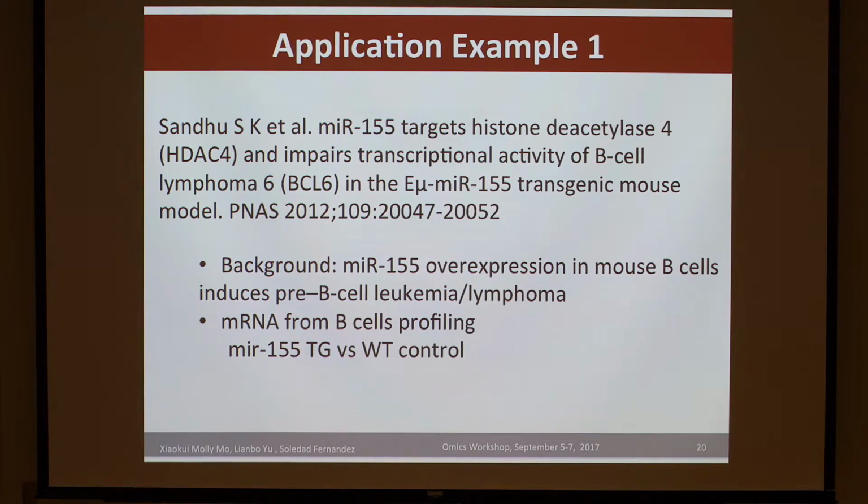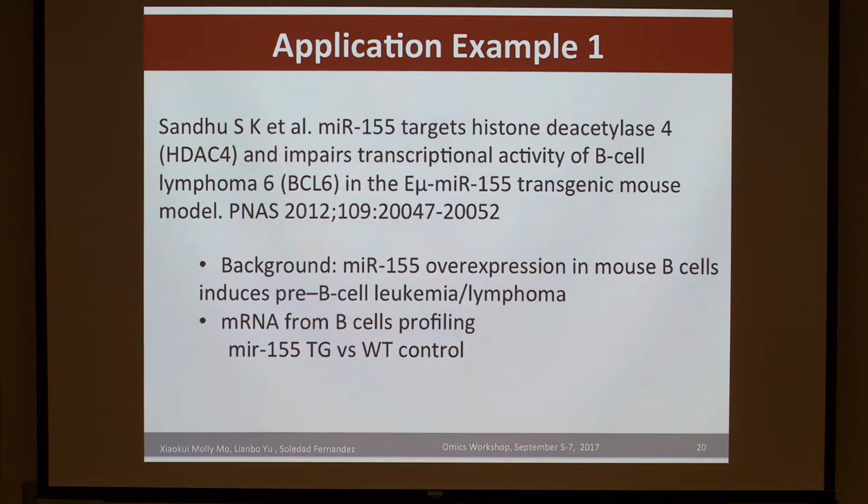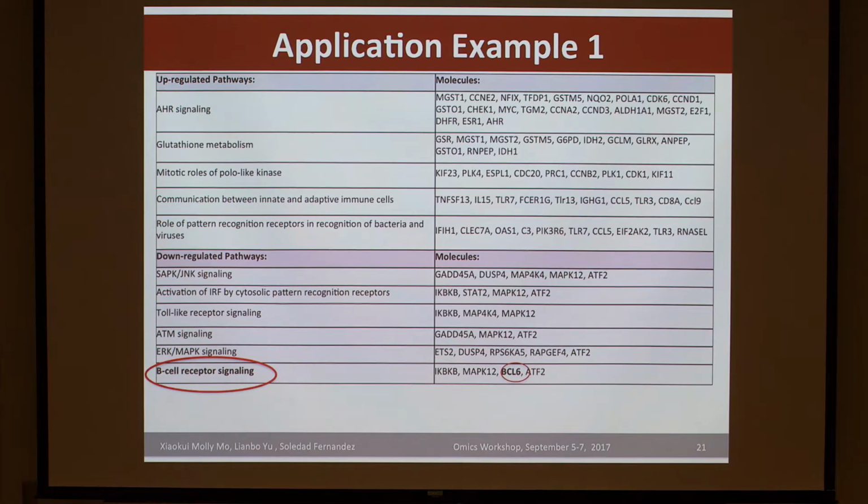In this study, the messenger RNA was isolated from B-cells from the microRNA 155 transgenic mice and the wild-type control mice. This is messenger RNA gene profiling, because the PI tried to find the target of microRNA 155.